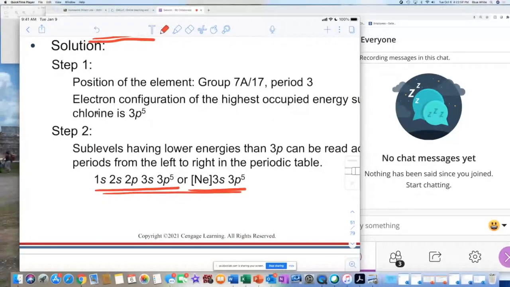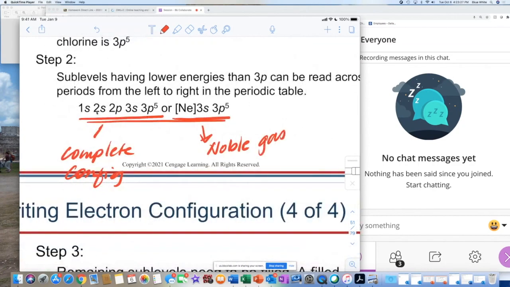Okay, here's the thing. Chemists work very hard. I'm not advocating for other scientists because I don't really know them, but I know chemists work very hard. It's a lot of hard work to learn all this stuff and do experiments. So they get tired of writing a lot of things out. Plus, when you're working very hard and you get tired, the chances of making errors are very high. So we have the complete configuration, and then we have the noble gas core configuration.